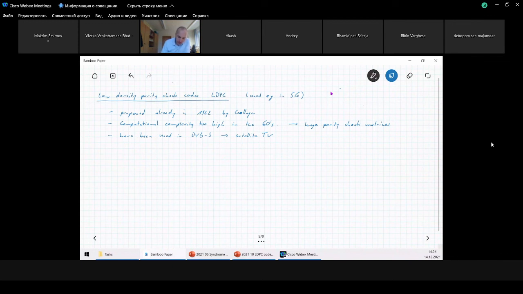And for what you understand so far, they are just normal block codes, just block codes with large and sparse parity check matrices. And we will see why this is useful.